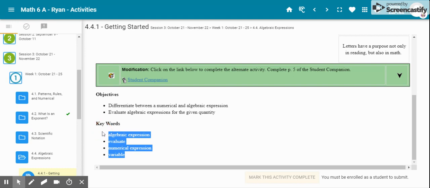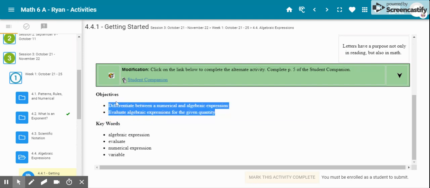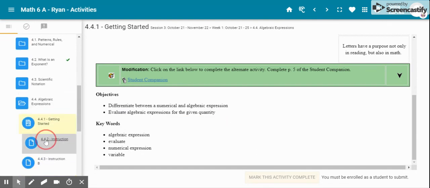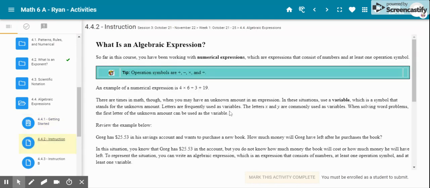And as we go through the lesson and you learn definitions or examples, you can add those to your notes. So our objectives, our goals are to differentiate between a numerical and algebraic expression and evaluate algebraic expressions for the given quantity. So let's keep going. We'll see a little bit more what that looks like.